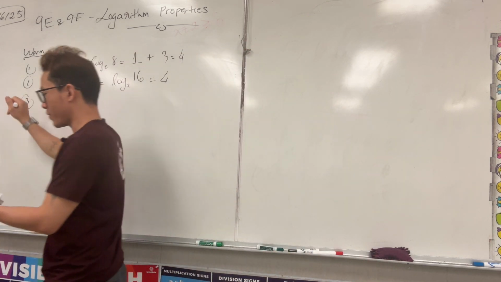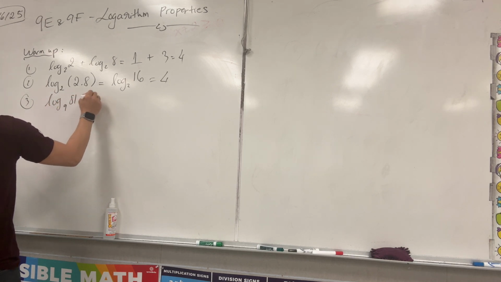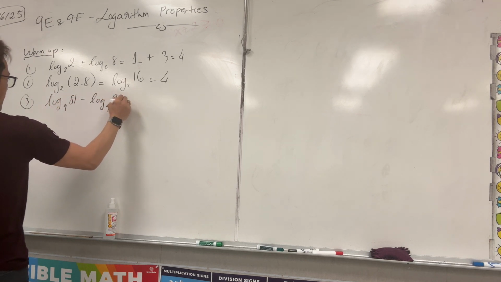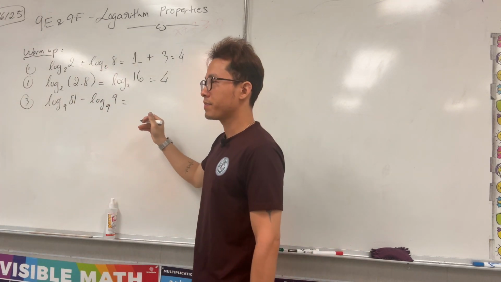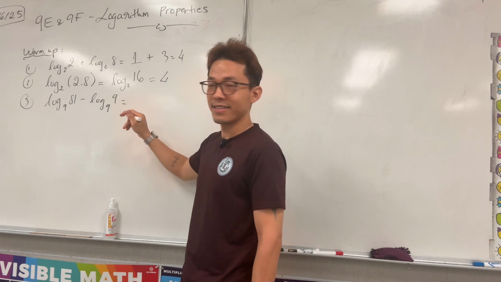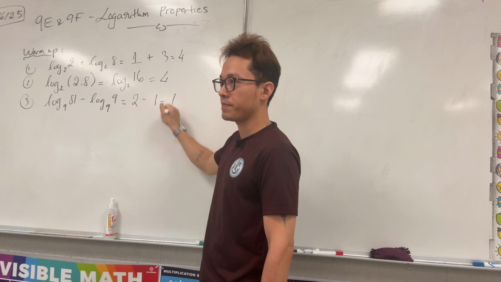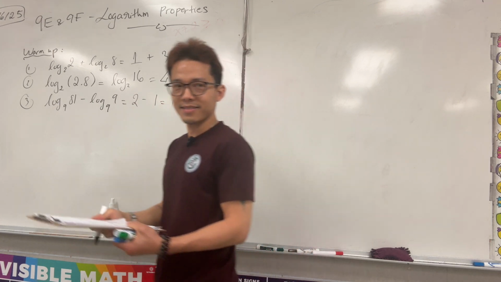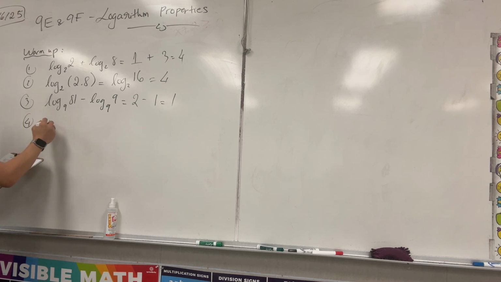Good. Oh, you guys are very good at log then. Log base 9 of 81. Easy. 2. Log base 9 of 9. 1. Easy, right? Oh, we're going to test it right now.